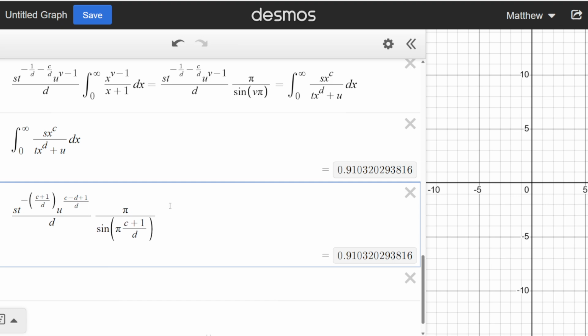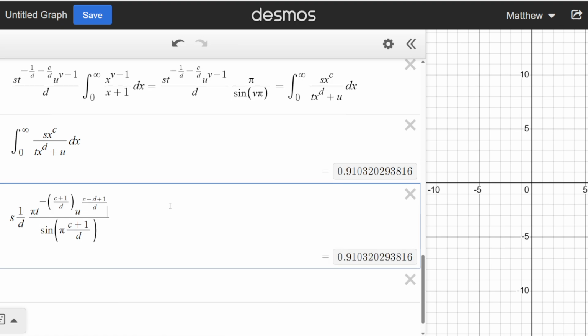Let's just take this S out front. Let's take this right here and put it right here. Let's take this pi and put it out front.